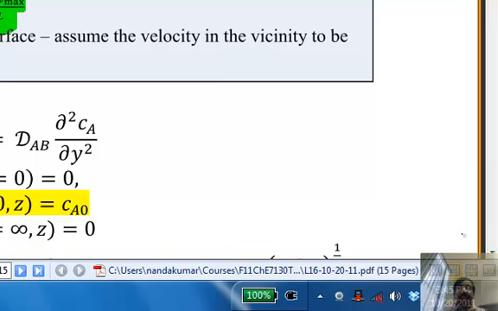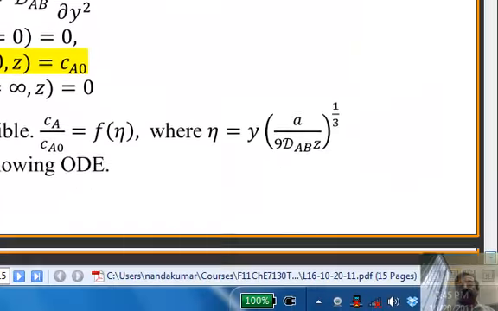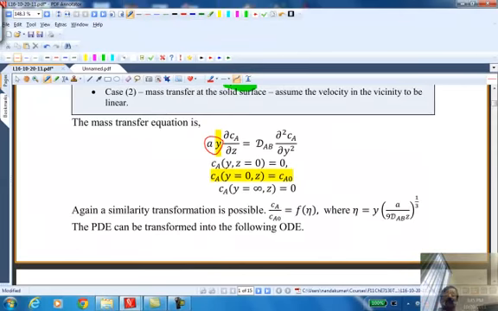So we went through the linearization process, and instead of the velocity as a quadratic function, we have the velocity as a constant times y, and the constant is known in terms of the properties of the fluid. Okay, so here a is known and y is the distance measured from the wall.